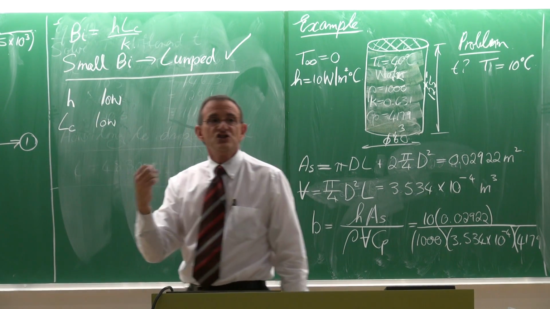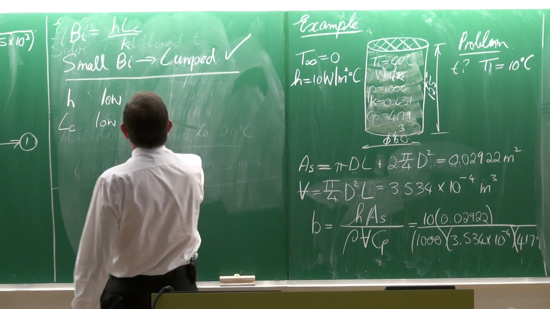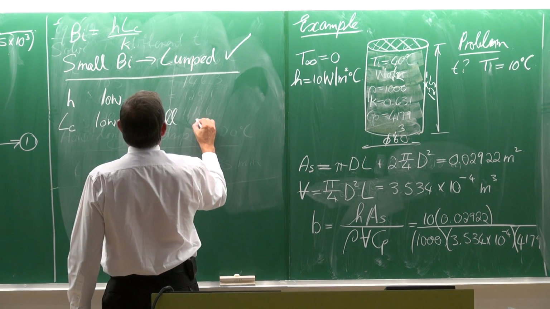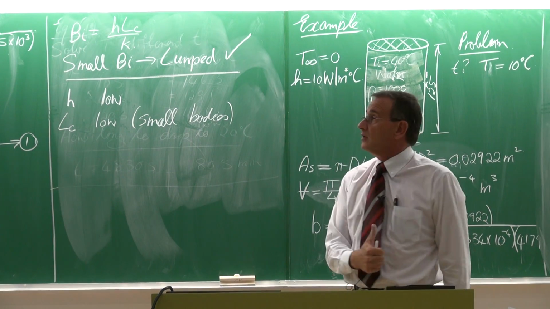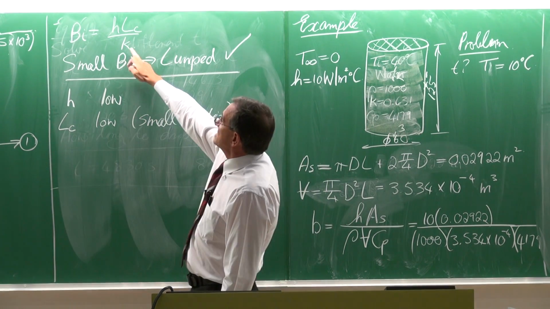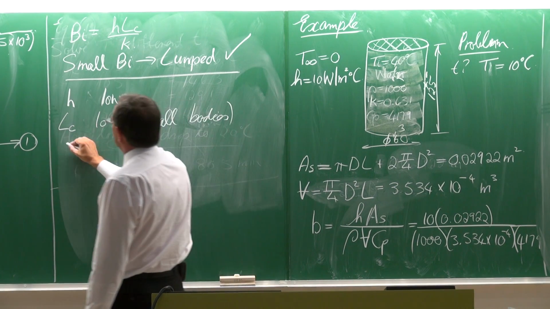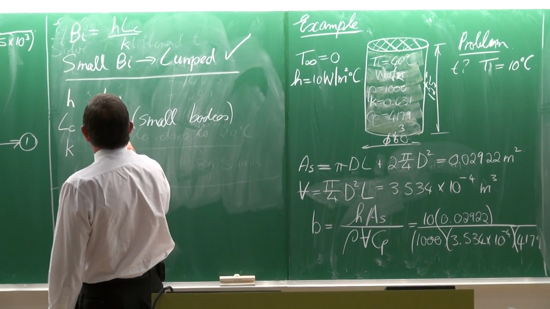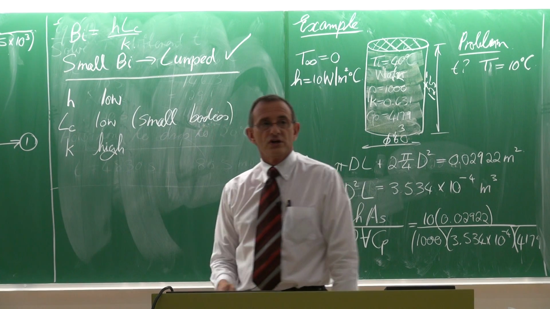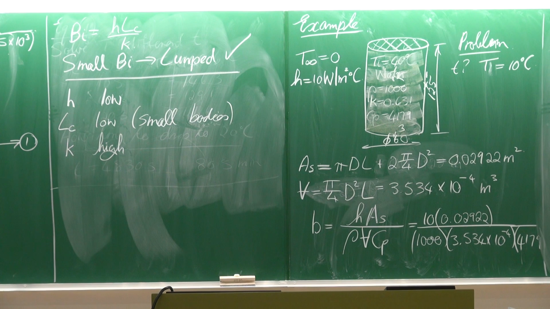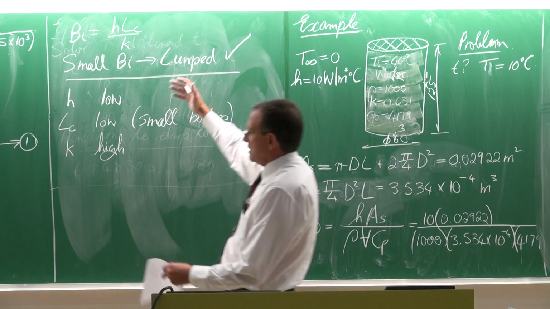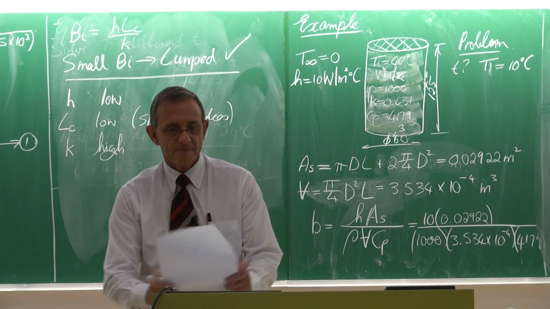It means small bodies. And thirdly, what would make this number small? It would be when the thermal conductivity is high. So all bodies with a high thermal conductivity, copper, silver, would work well and contribute in getting the Biot number to a small number.